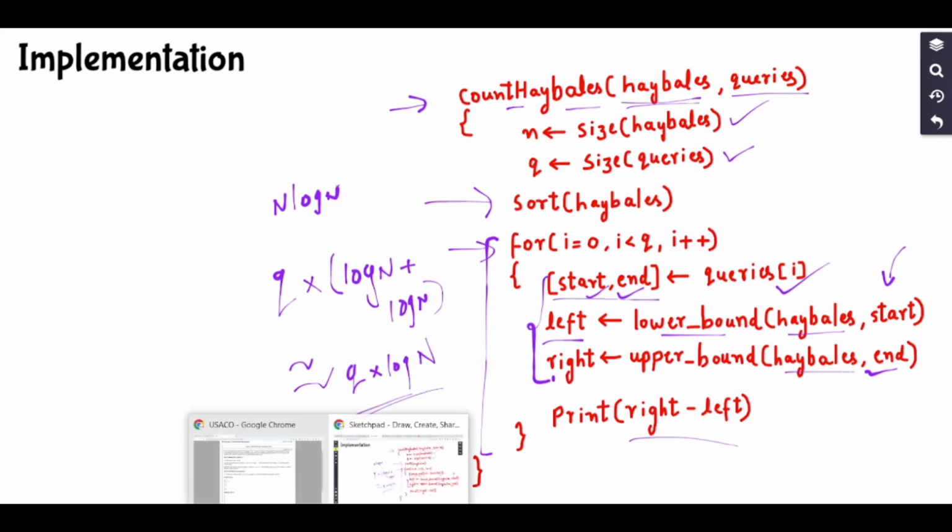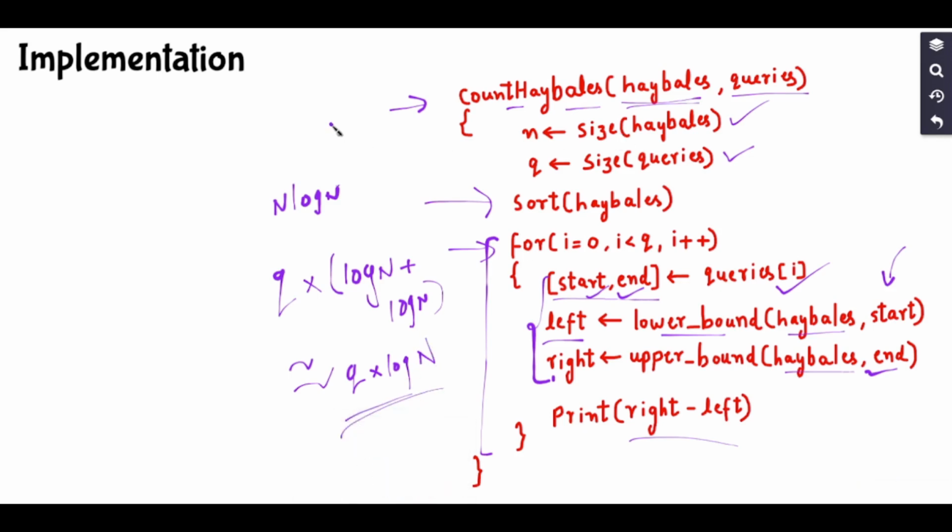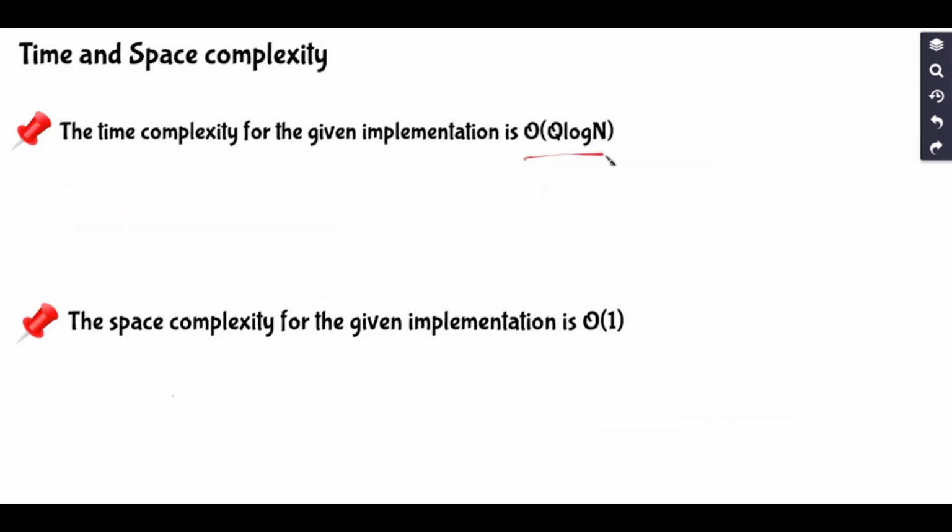Which is far better than the complexity which we had earlier. While the space complexity is constant, because I'm not using any extra space to implement the function. So this is the time complexity q log n, and this is the space complexity.